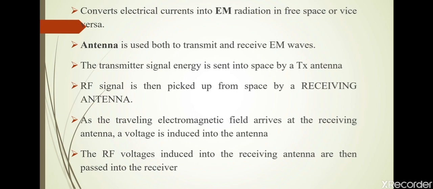The radio frequency energy is transmitted into the space in the form of electromagnetic waves. As the traveling electromagnetic field arrives at the receiver antenna, radio frequency voltage is induced into the antenna and then passed into the receiver and converted back to the transmitter radio frequency information.